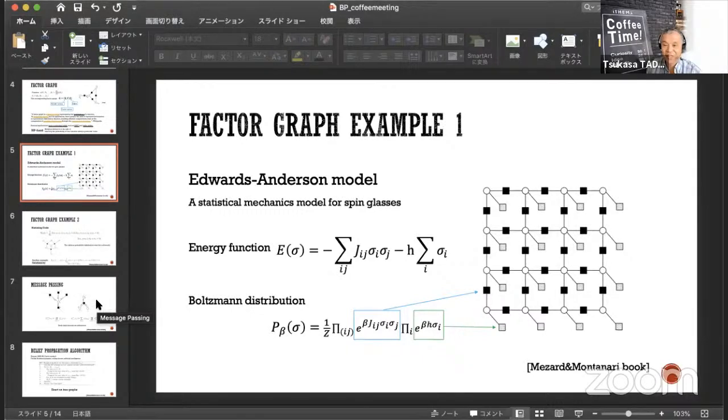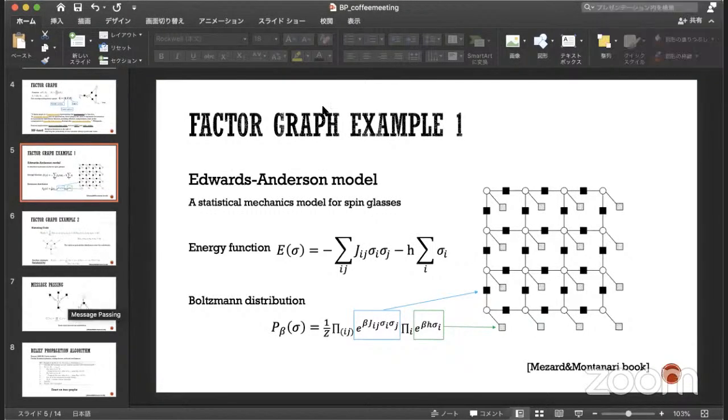Okay, thank you. Now Iritani-san is raising a hand. Thanks for the great talk. I'm curious whether this factor graph algorithm works to study gene regulatory networks in biology.